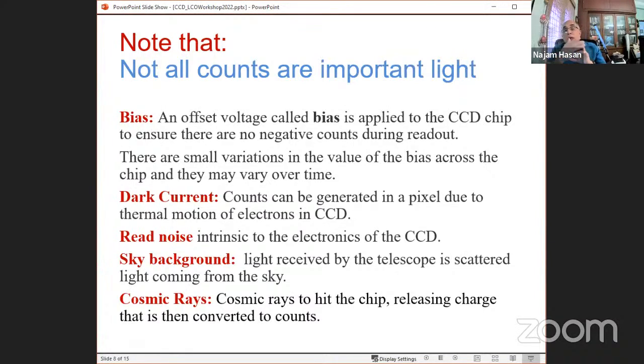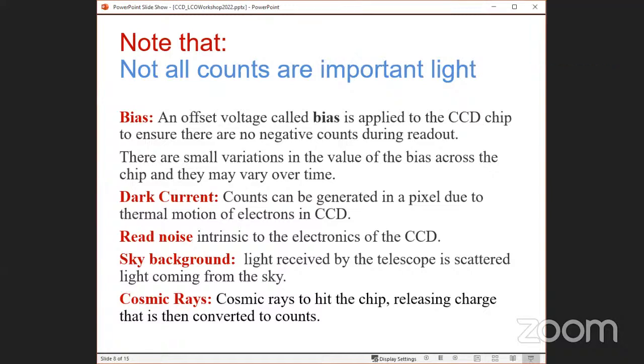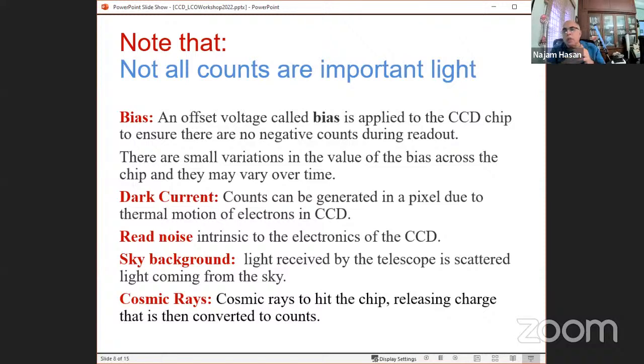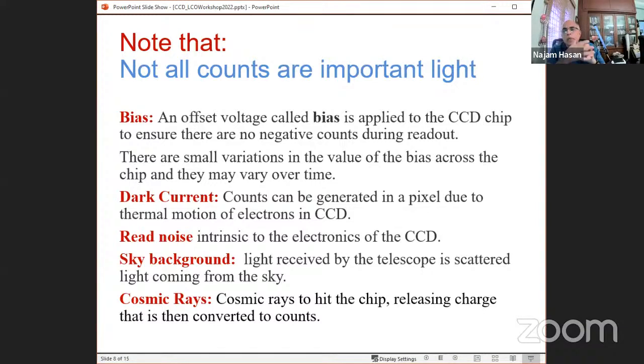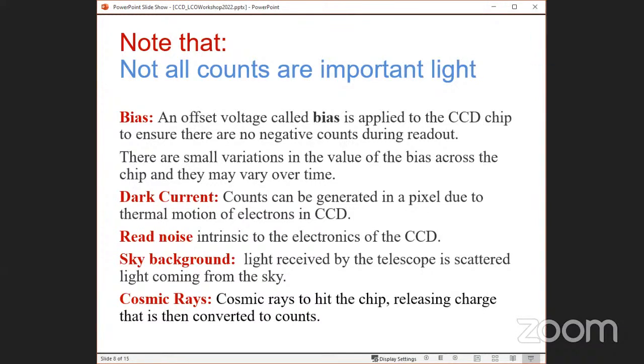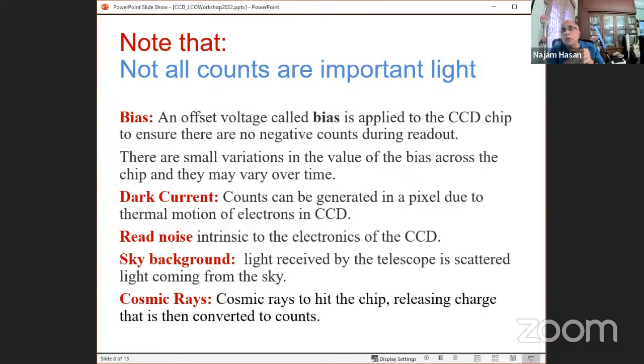So even if you have your telescope and camera covered, not exposing to any light, if you take an exposure of, say, 30 seconds, the same as for imaging your object, with the shutter closed, you get some kind of a thermal image on your screen in spite of no light falling on it. This is called the dark current.